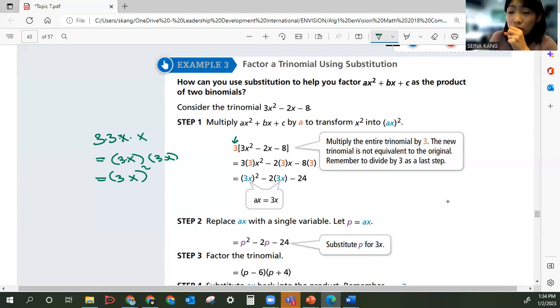So then you just have to multiply 3 on the other terms to balance your polynomial and maintain what you have, okay? So negative 2 times 3x is your second term, and negative 24 is your last term, okay? Why are we trying to get this?